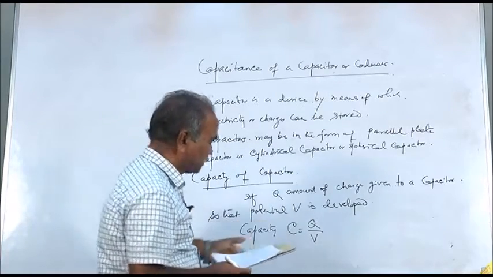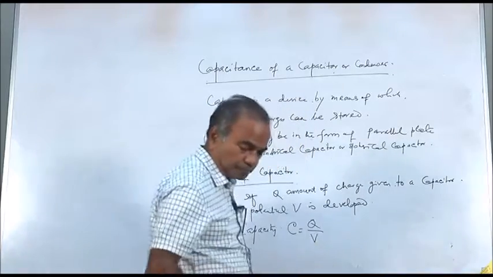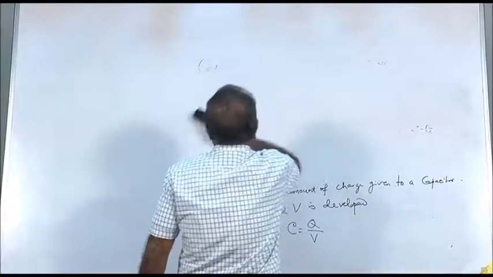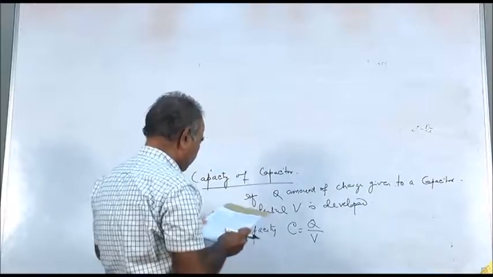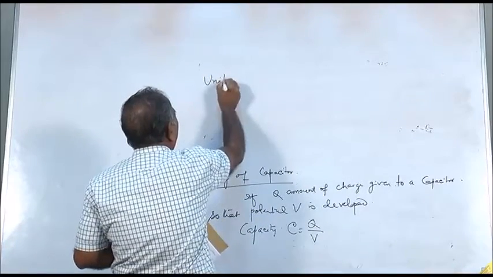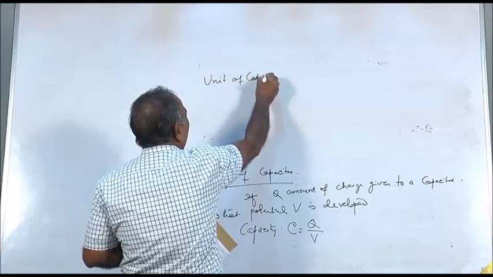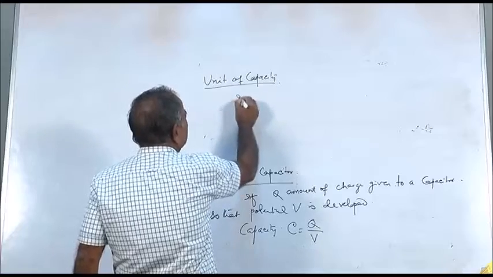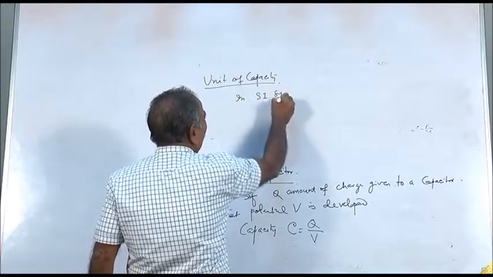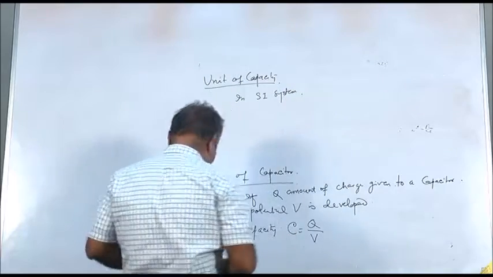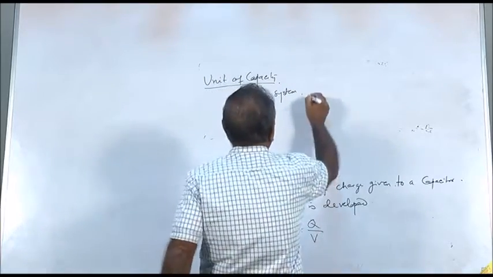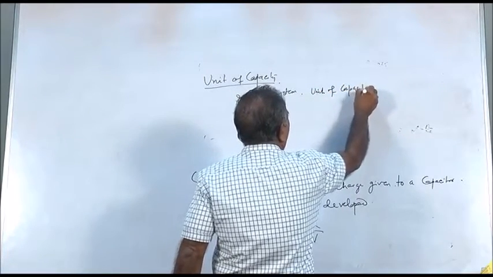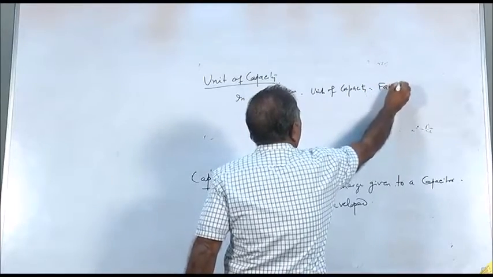And the unit of capacity in the SI system, the international system of units, is farad, F-A-R-A-D.